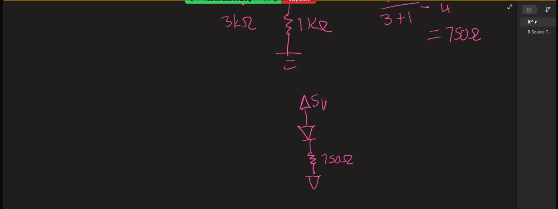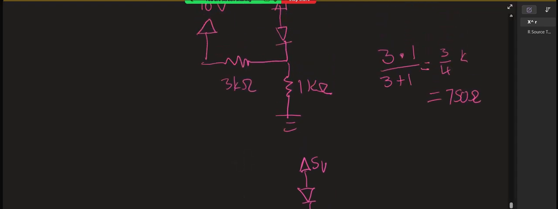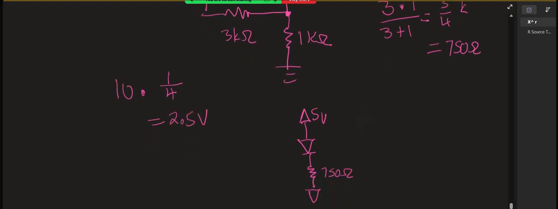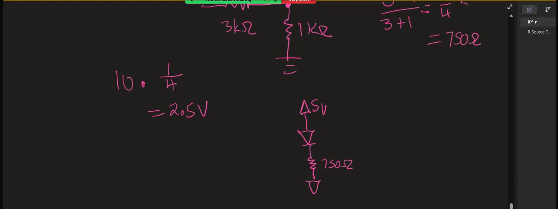And then we need to get our Thevenin voltage right here. So we can do a voltage division. So 10 times 1 over 4 is 2.5 volts. So our voltage here will be 2.5 volts.